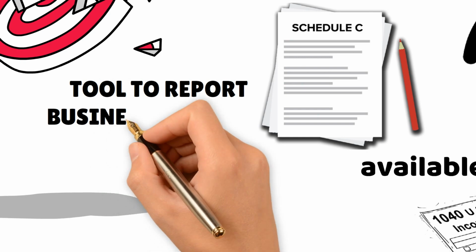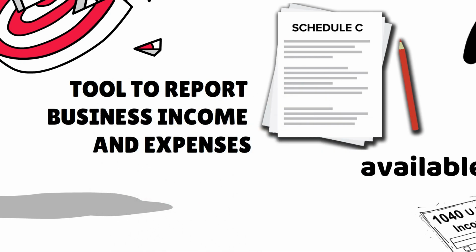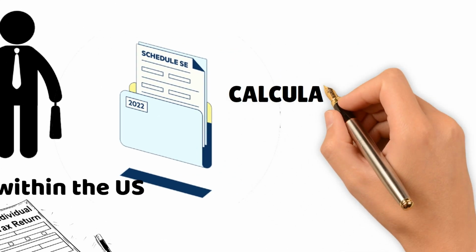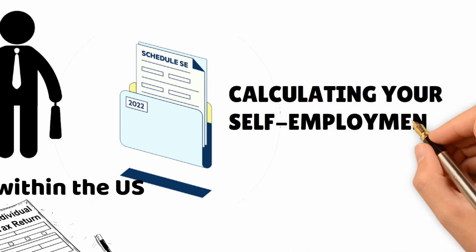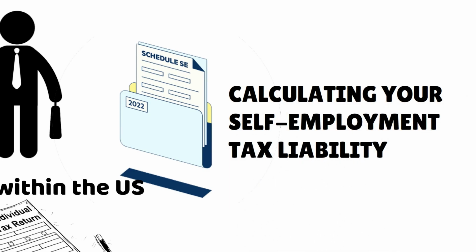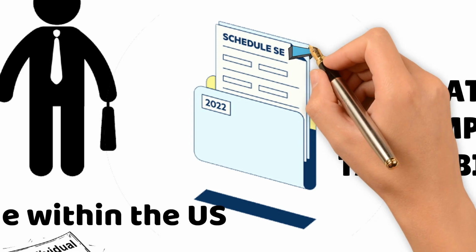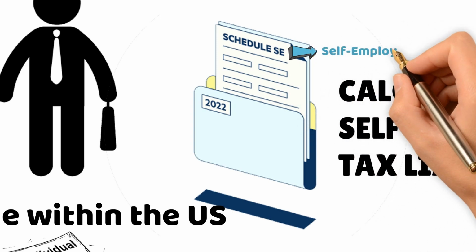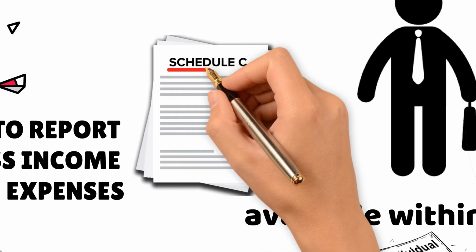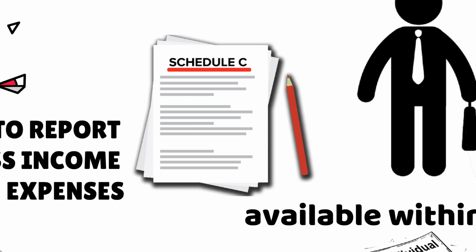Schedule C is your tool to report business income and expenses, while Schedule SE is crucial for calculating your self-employment tax liability. This particular schedule, SE, abbreviates self-employment.